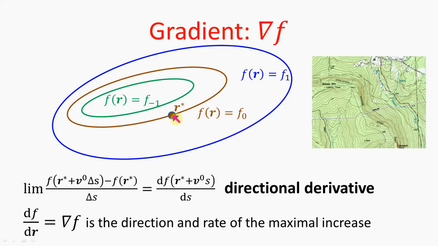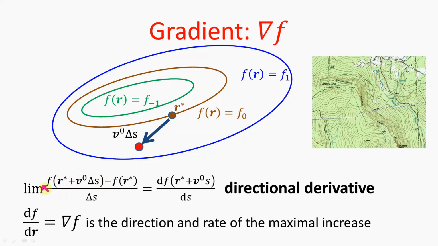Let's consider point R star. And let's move a little delta s in direction of unit vector v0. So we shift our original point to arrive at this red point where the temperature can be fetched again.